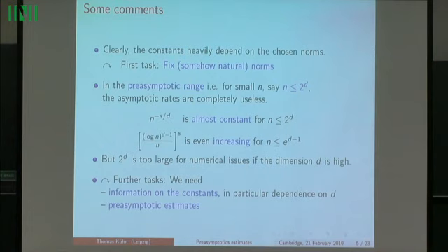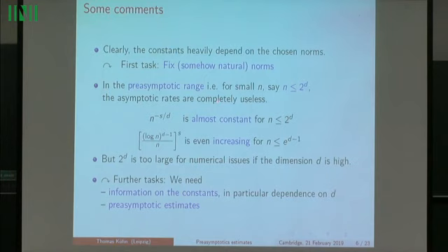So, but let's have a look at the pre-asymptotic range. That means where n is small, let's say n less than 2 to the d. This 2 to the d is not important. It could be 5 to the d or 10 to the d, but something of this kind. But in this range, the asymptotic rates are absolutely useless.